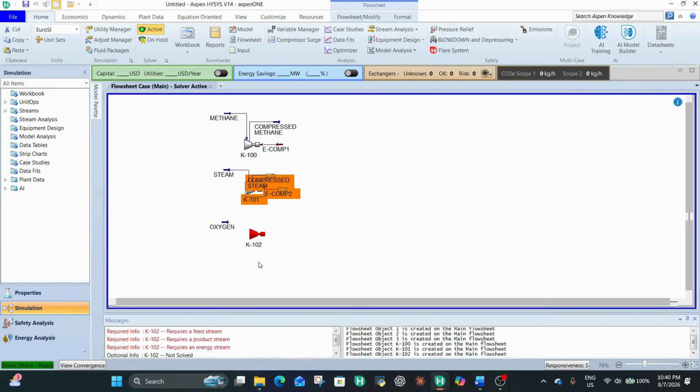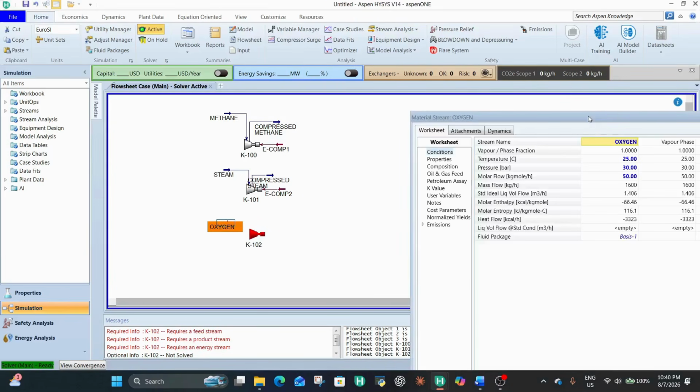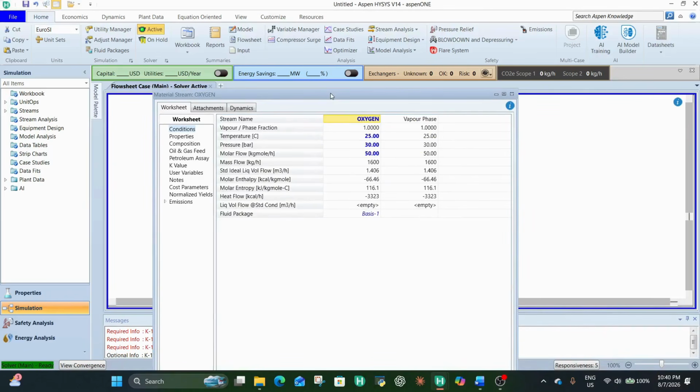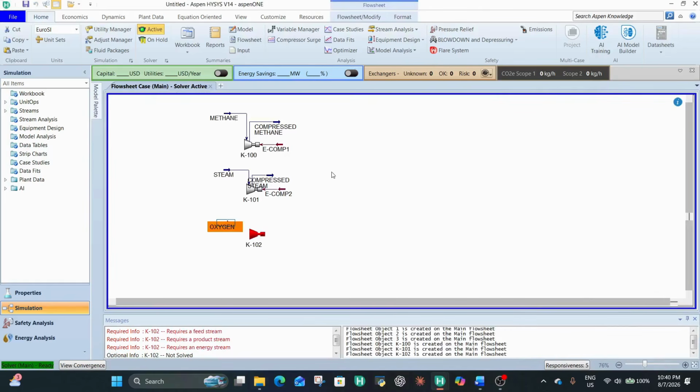Now for our oxygen, this is the tricky part. 25 Celsius. Well, let's see what it makes of that when we compress. For now, let's leave our room temperature oxygen.